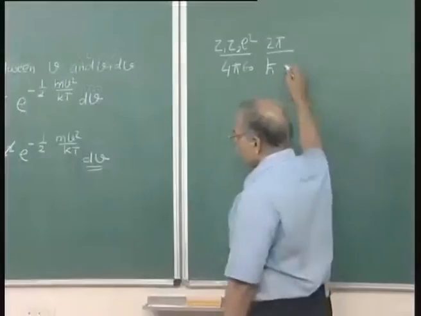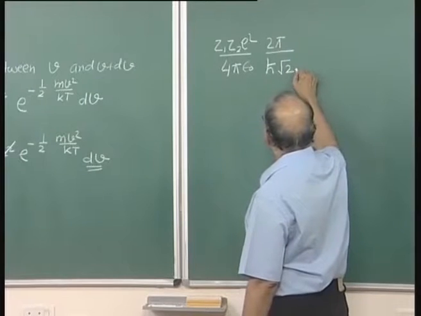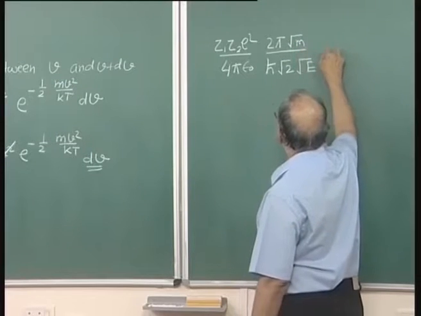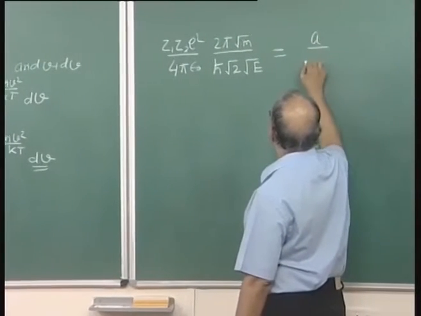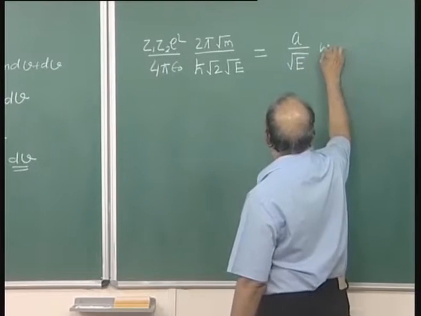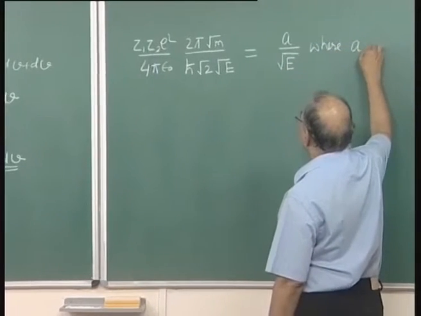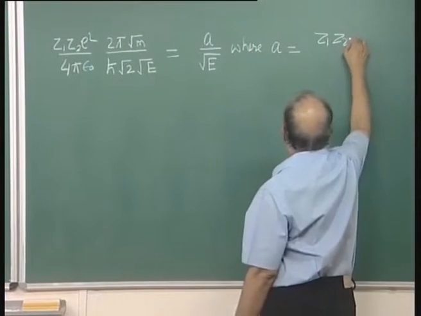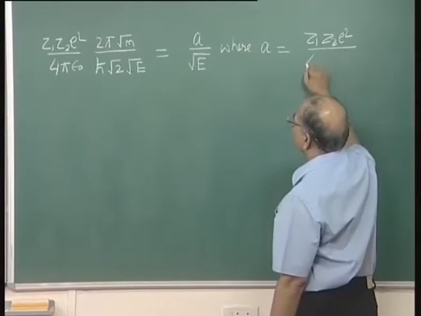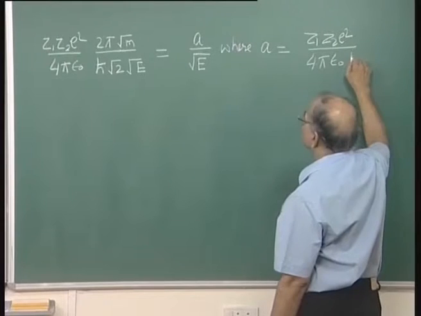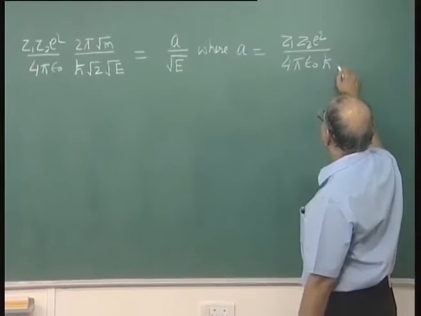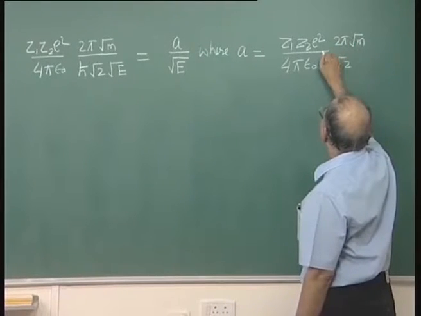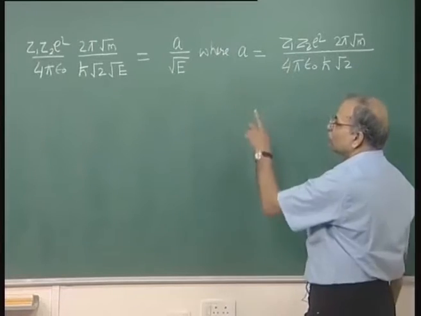In place of v, we write square root of 2, square root of E and square root of m, and this whole thing I can write as a divided by square root of E, where a is written for everything except this root E, that is z 1 z 2 e square by 4 pi epsilon naught h cross, 1 square root of 2 here, and then 2 pi here and square root of m here. This whole thing is written as a, then it is a by square root of E.